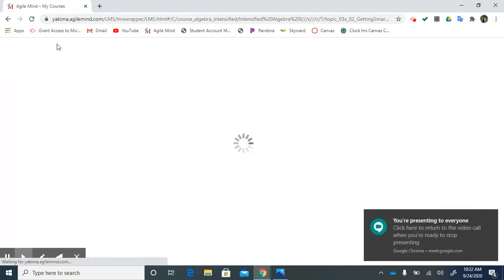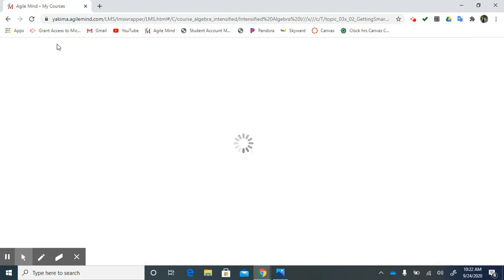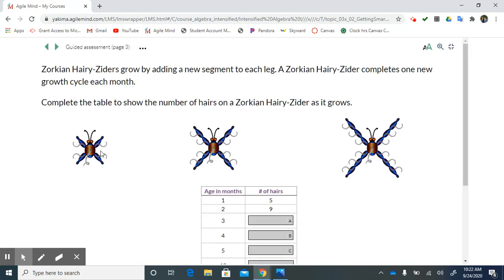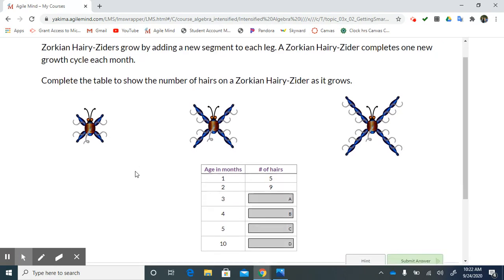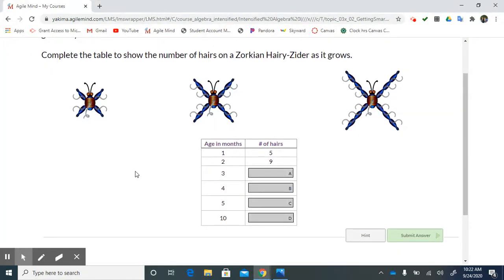All right, for number 3, complete the table to show the number of hairs on a Zorkian hairy Zyder. Well, we already went up to 5. We need to know about the 10th one, so I am going to do this one a little bit differently.